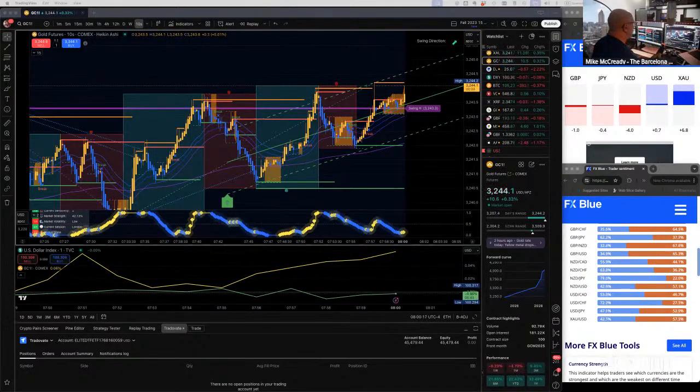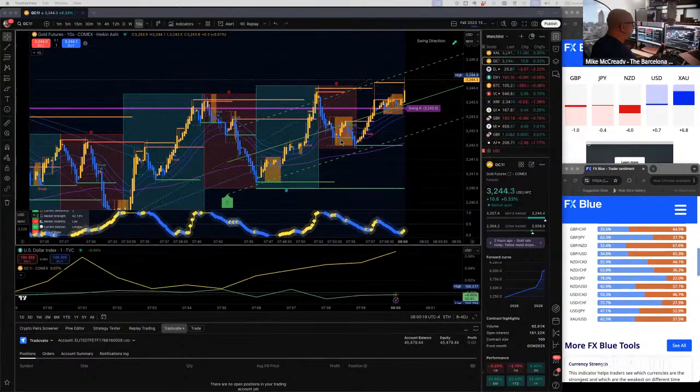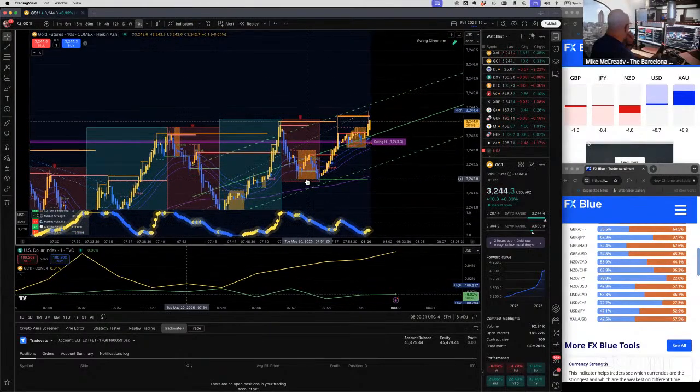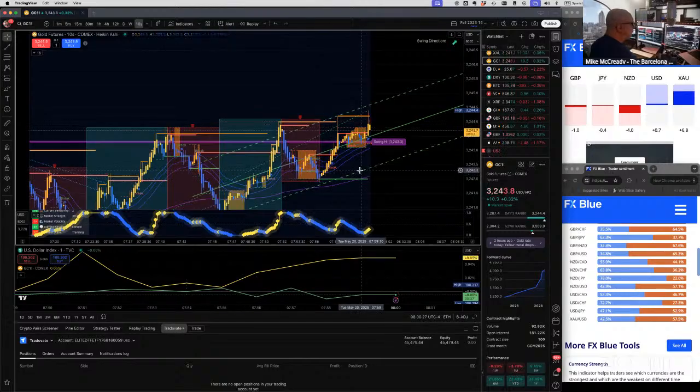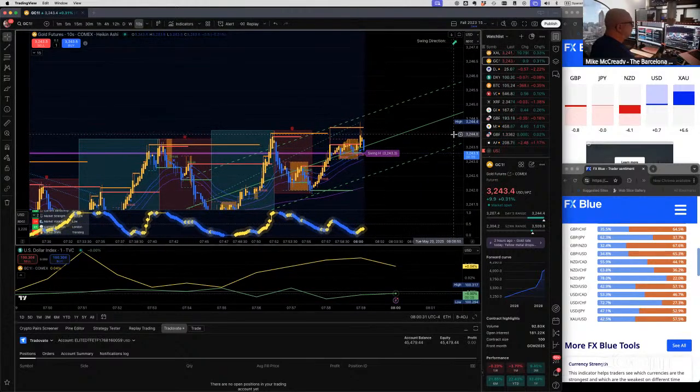Now we're getting some upward momentum, it looks like. A little tiny bit. Gold has gained a lot of strength versus the dollar just recently, in the last couple minutes.